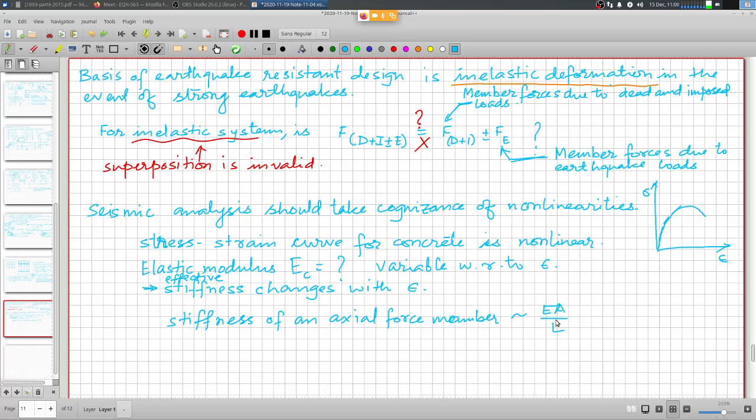So elastic modulus multiplied by area of cross section divided by the length. So that's the stiffness of the truss element that you have. And what is the stiffness of a flexural element?